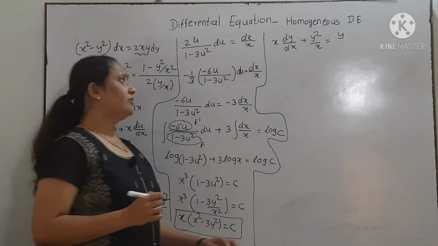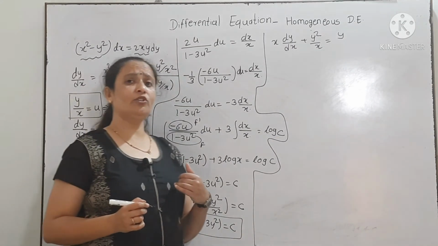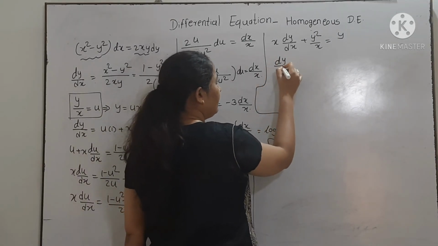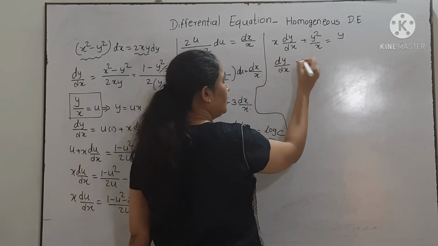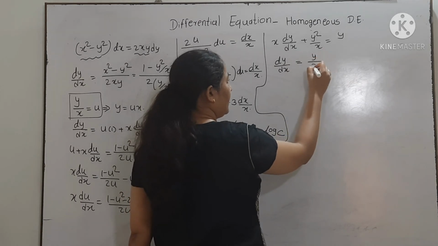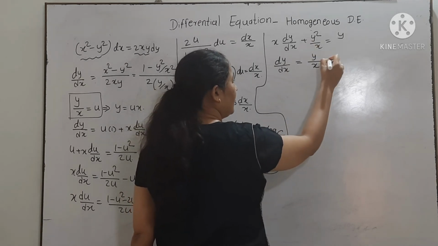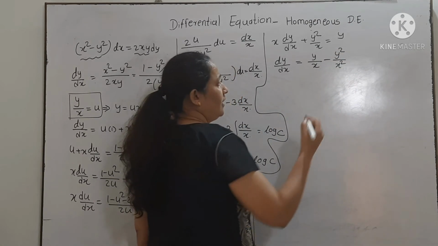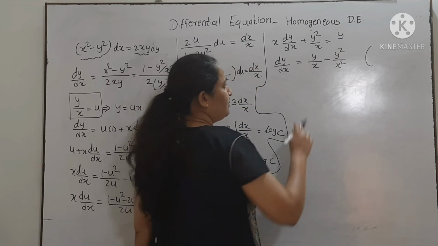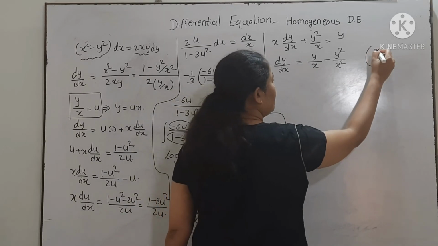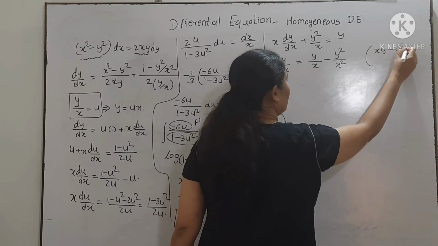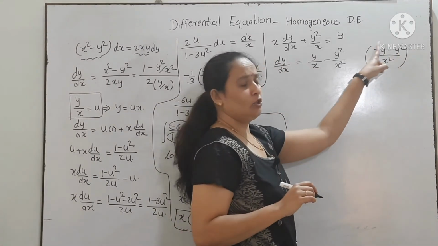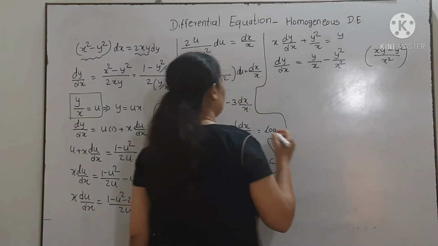If we observe this, you may think that this is not a homogeneous equation, but we can rearrange this as dy by dx equal to, if I divide by x, y upon x minus y square upon x square. The same equation can be written as, if we take x square as LCM, (xy minus y square) upon x square. See, everywhere the degree is the same, 2. That means this is a homogeneous equation.